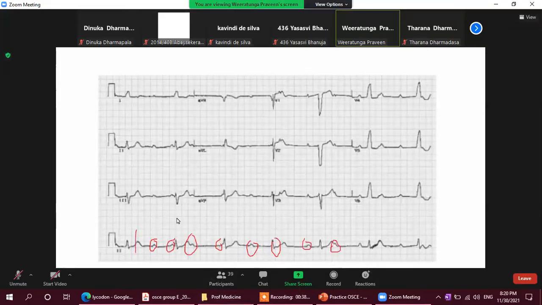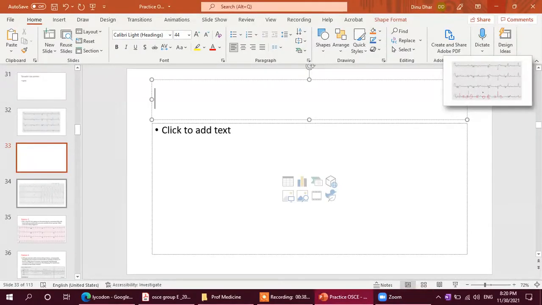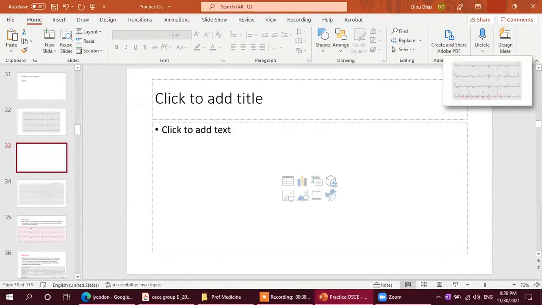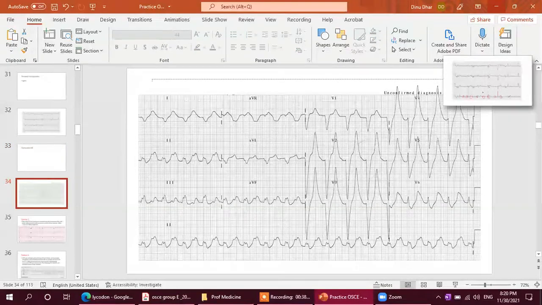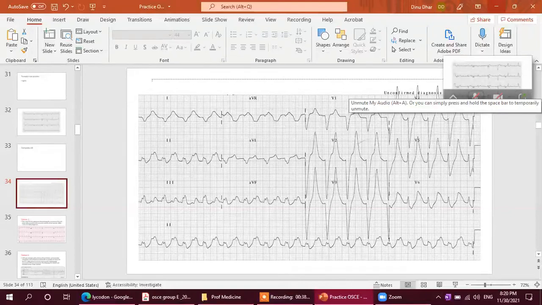Right. What is this? So with bradyarrhythmias, you need to think of bundle branch blocks. When you have a patient with a left bundle branch block, you will have a broad QRS complex, right?